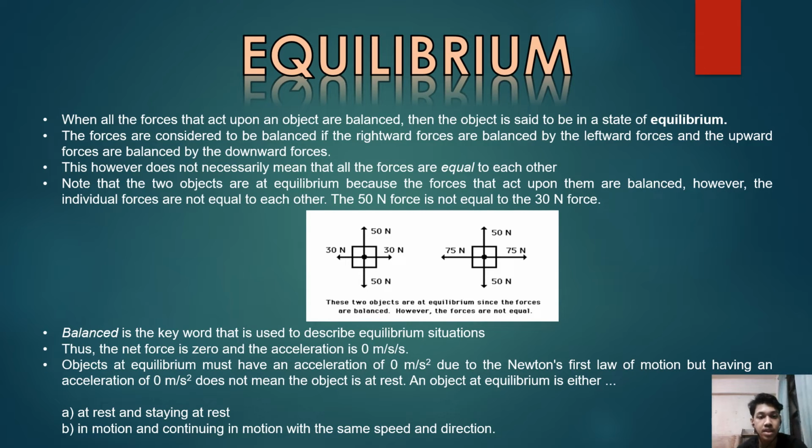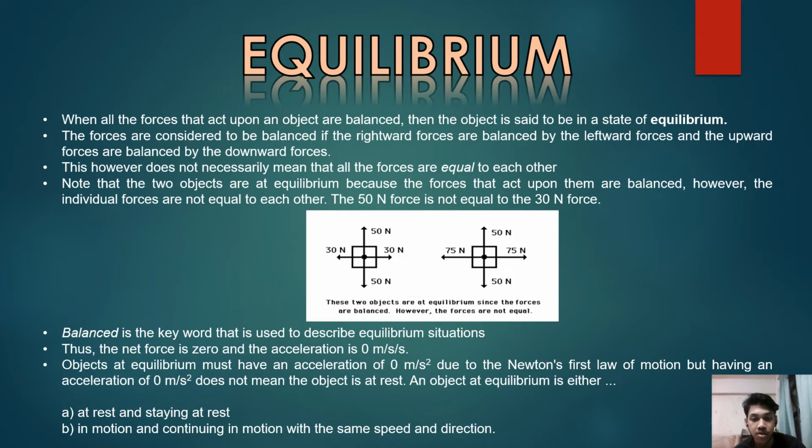Next, balance is the key word that is used to describe an equilibrium situation. Thus, the net force is zero and the acceleration is zero. An object at equilibrium must have an acceleration of 0 m/s squared due to Newton's first law of motion. An acceleration of 0 m/s squared does not mean the object is at rest.